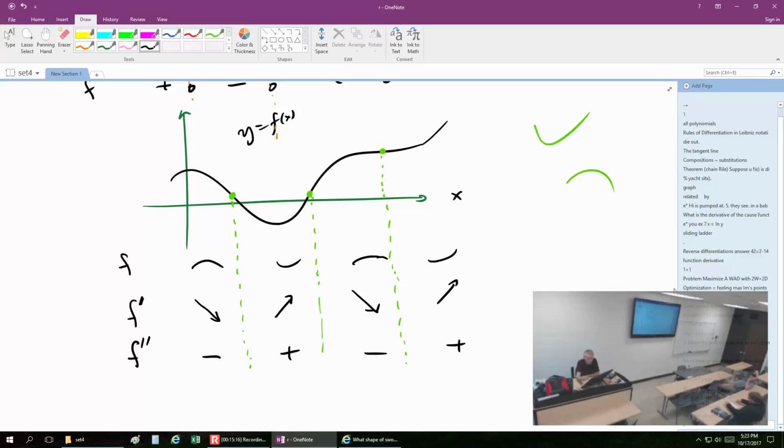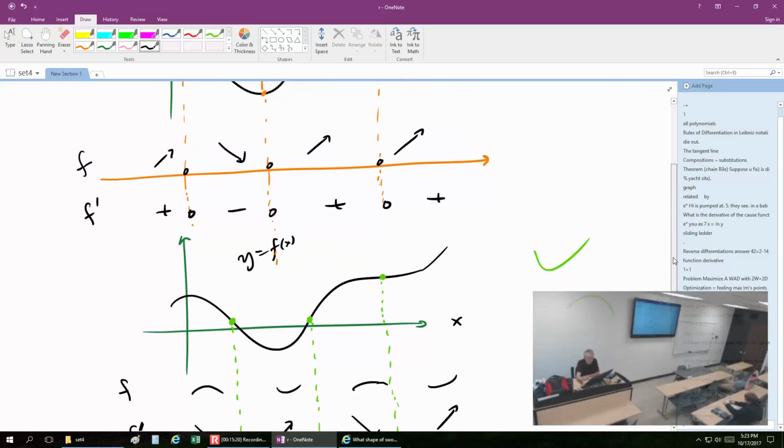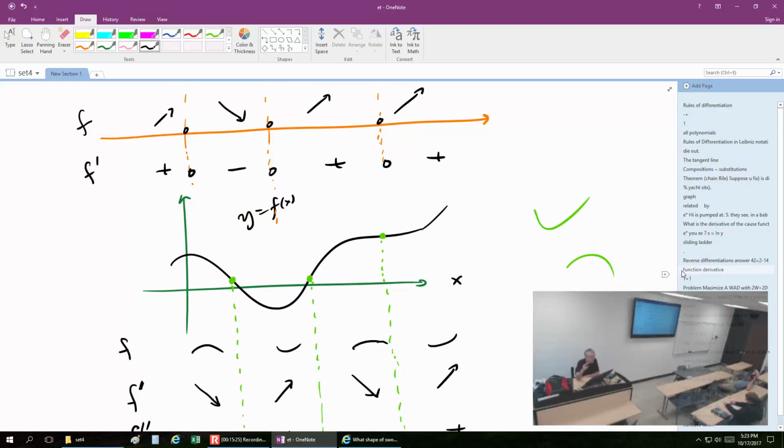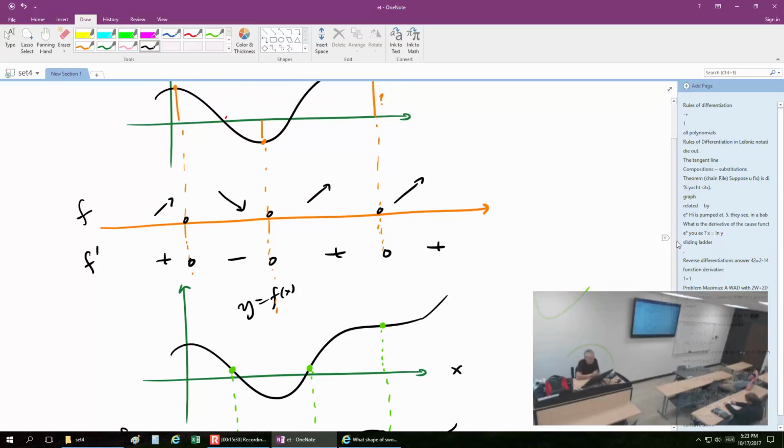Okay, but then, do you see any relations between these? These two kinds of special points marked on the same graph.